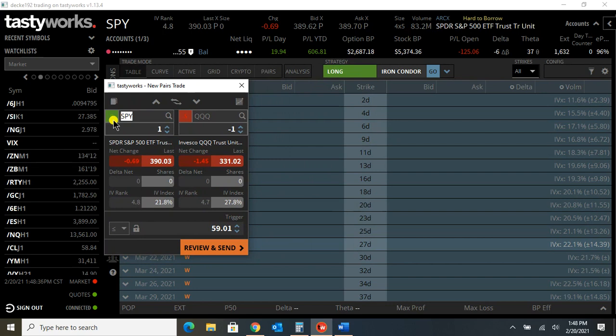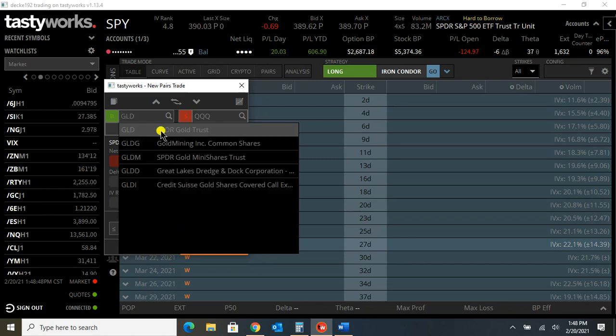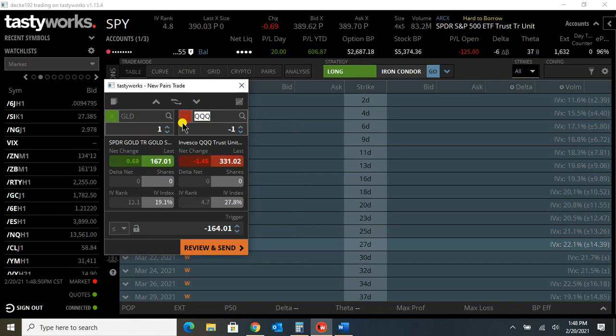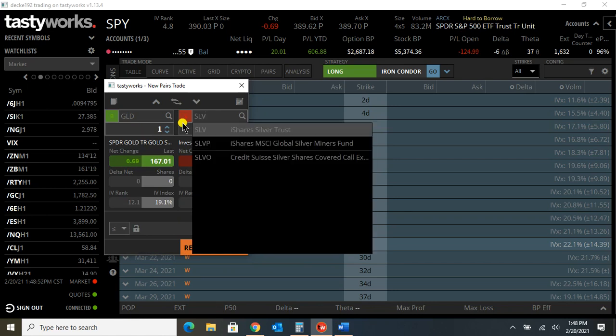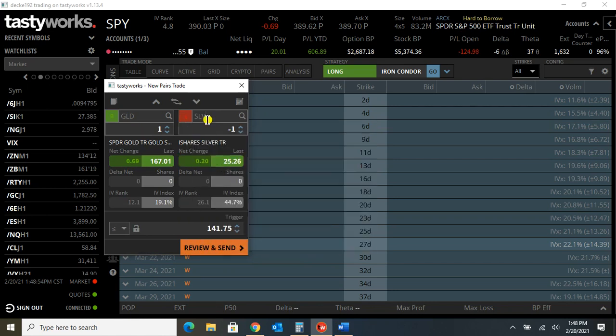The ETFs are much smaller products, so getting started with pairs trades, I would recommend the ETFs over the futures. I'm just going to type in GLD here for the gold ETF, and silver is SLV. So I'll use those two.